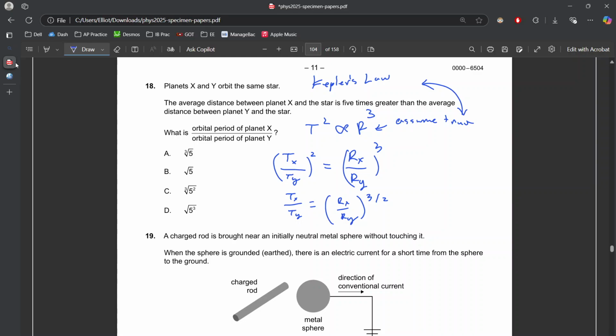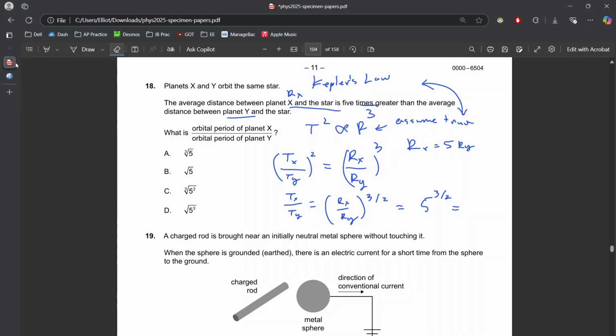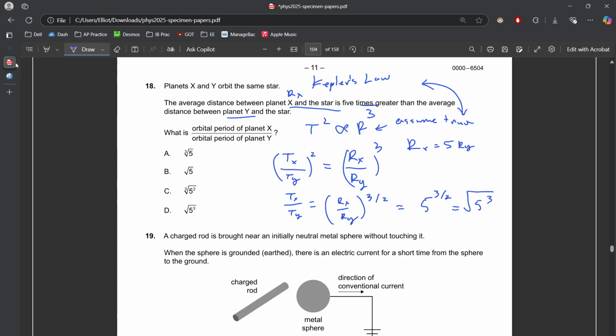But if you recall, it says distance between planet X and the star, so Rx is 5 times greater than the average of Y to the star. So Rx is actually equal to 5 Ry, which means this ratio we're looking for is equal to 5 times Ry divided by Ry, which is just 5 to the 3/2, the square root of 5 cubed, it looks like.